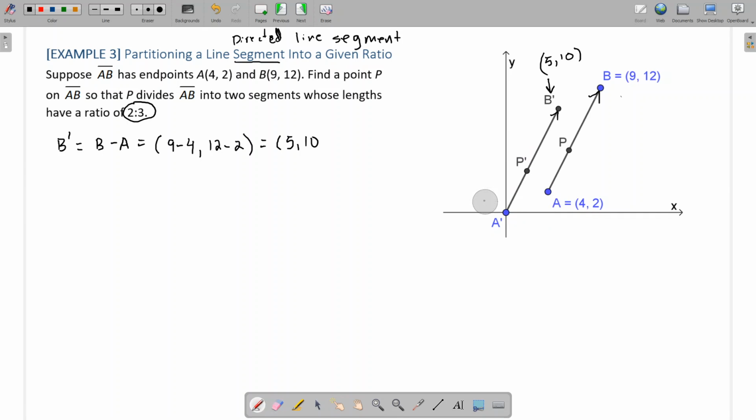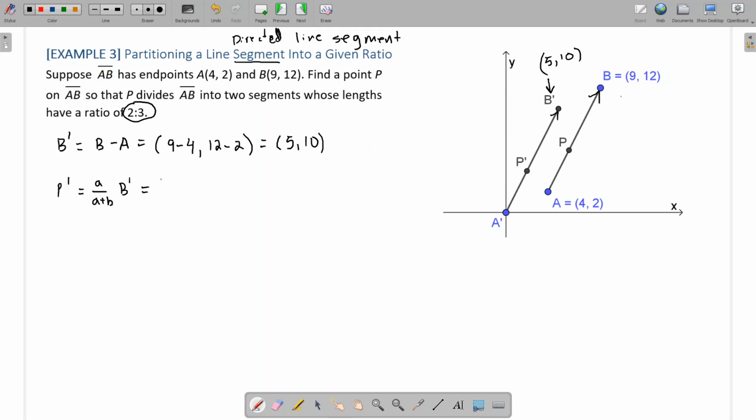So let's find P prime. Now we get to use the strategy from the previous problem because now we have an endpoint that is at the origin. So using that formula we had before, P prime has to be the scale factor, which is going to be A over A plus B, times this time B prime, because we're using this thing here. To find that point, we take the scale factor, we multiply it by B prime.